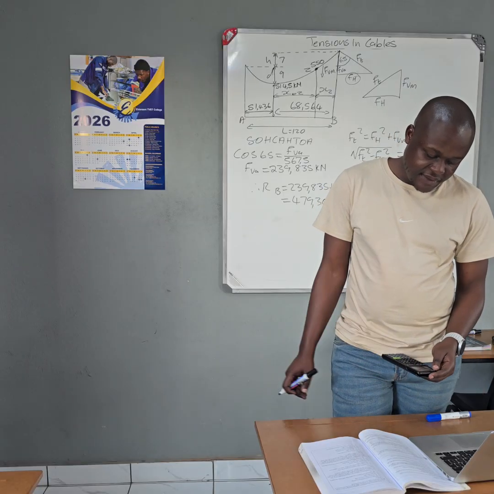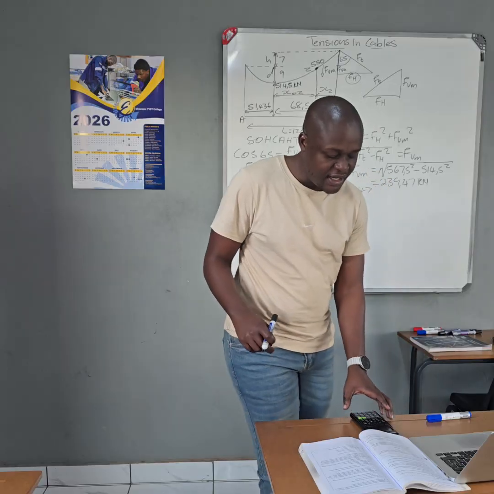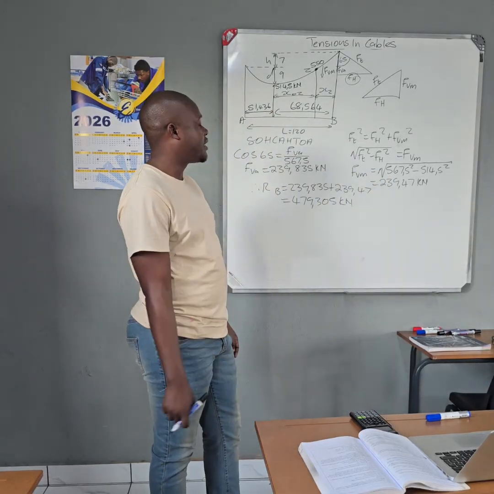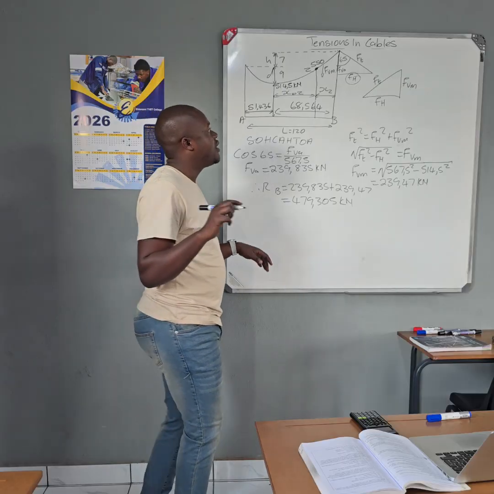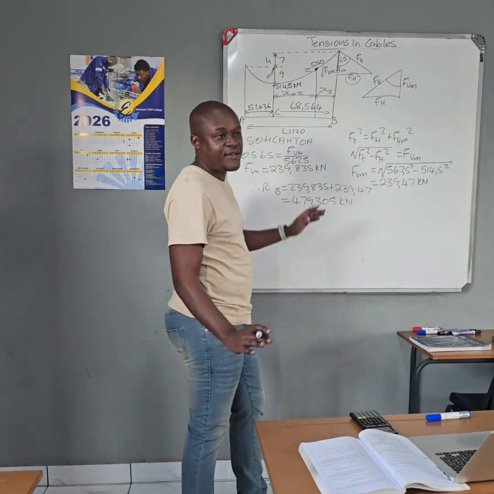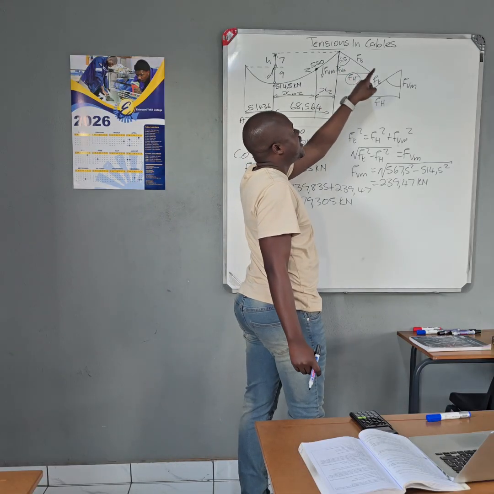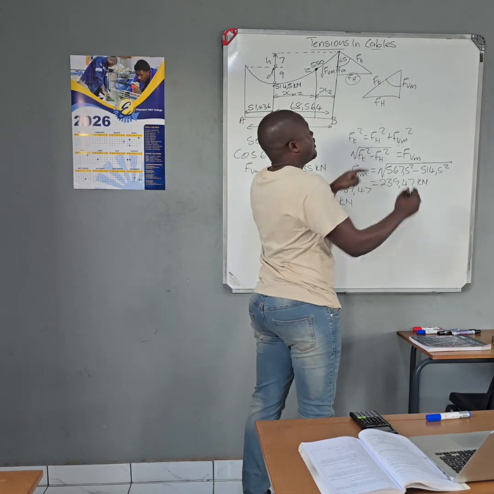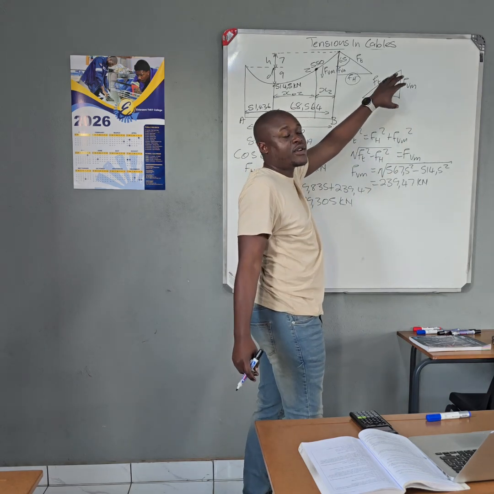Calculate the reaction in the support if the pulley is now replaced by frictionless rollers. Right? So, before I erase here, this angle here, you were not given, even from the original statement. So never assume that this angle here is equal to the angle here of your main cable. This is the main cable, right? This is the triangle of forces for the main cable.